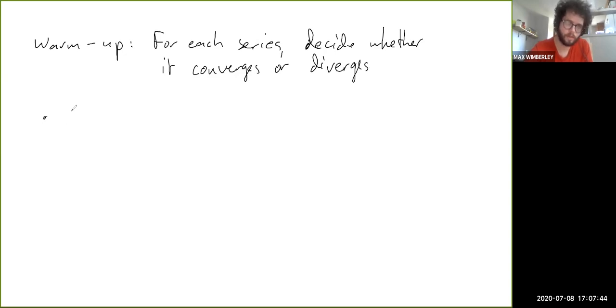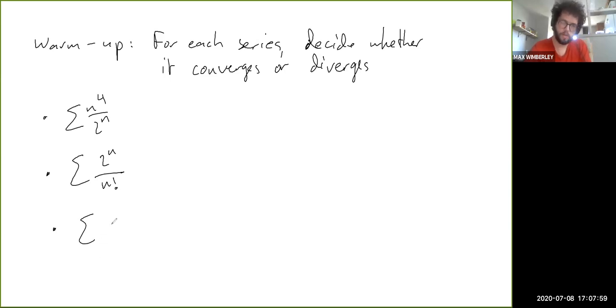The first one is the sum of n to the fourth over 2 to the n. The second one is the sum of 2 to the n over n factorial. The third one is the sum of 1 over log of n from n equals 2 to infinity.